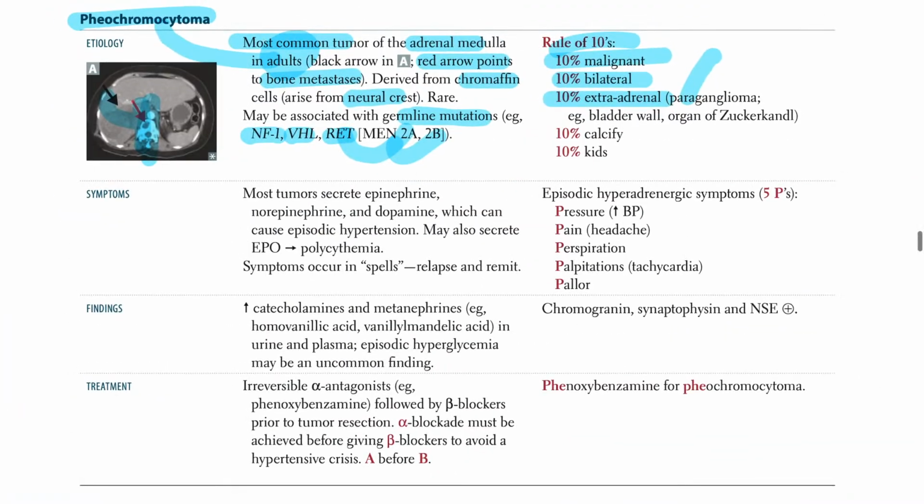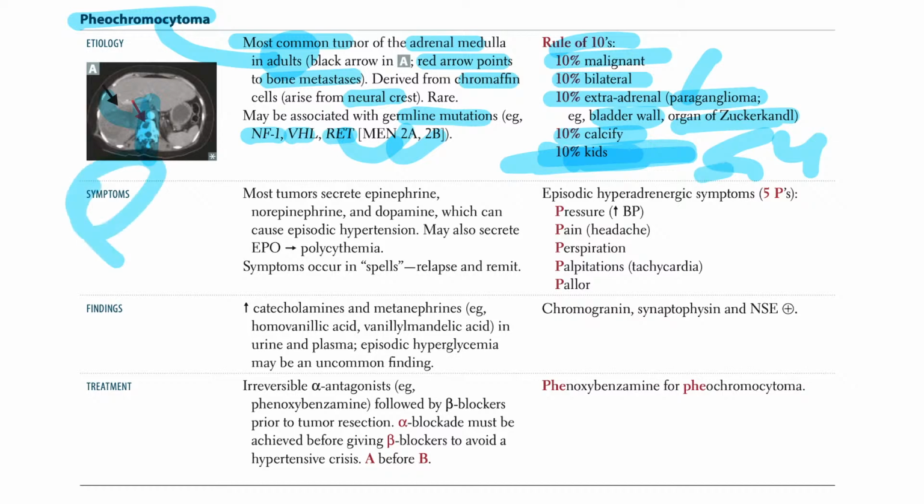They can run as a paraganglioma. Examples are they can go into the bladder or the organ of Zuckerkandl. Okay. Then you can have 10% could calcify, and 10% can be seen in kids. Again, child is less than 4, but kids is more than 4.